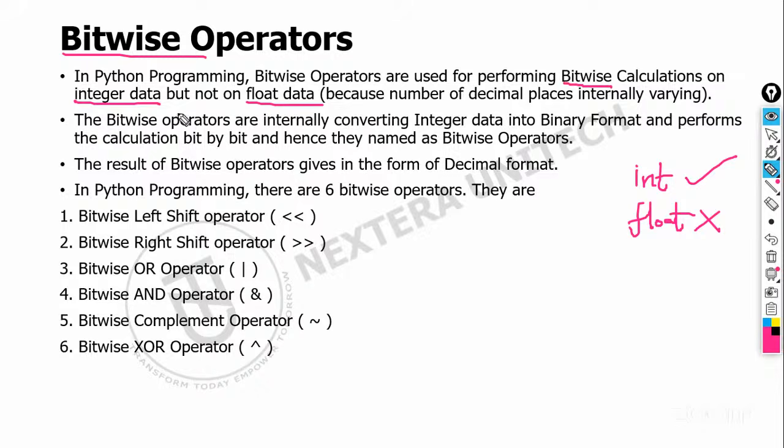Yes. What happens when we use bitwise operators? Internally, the int type data that we use gets converted to binary format. What do you mean by binary format, friends? What do you understand by the word binary?